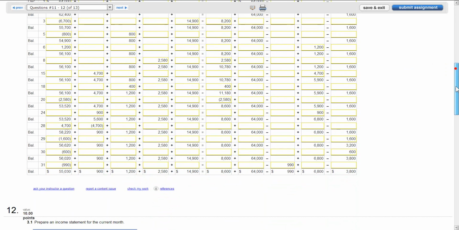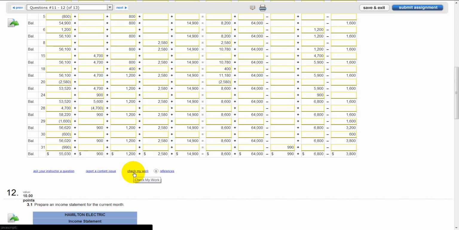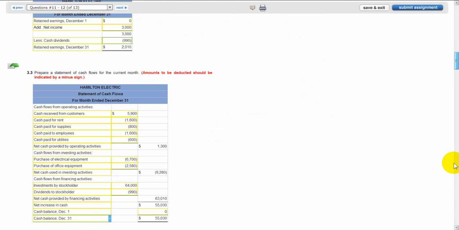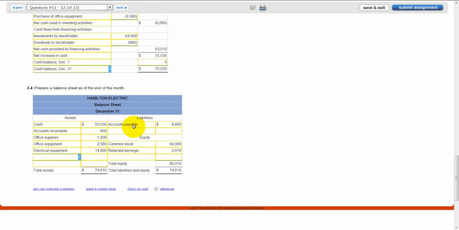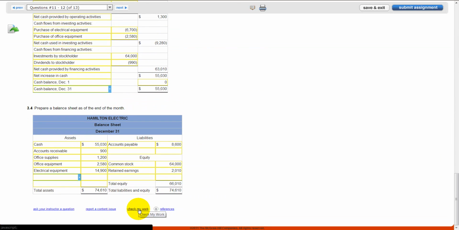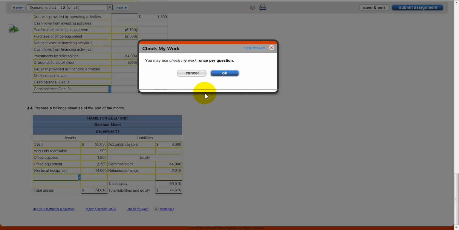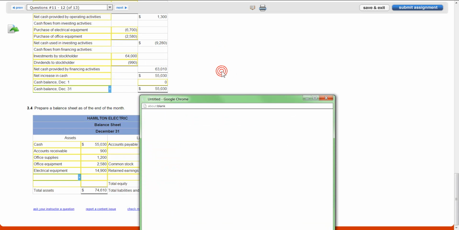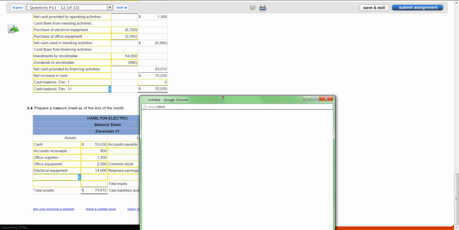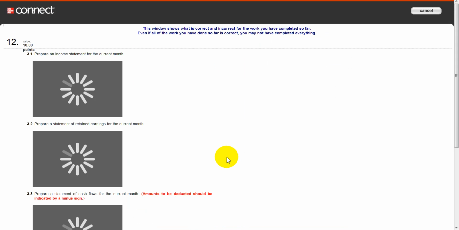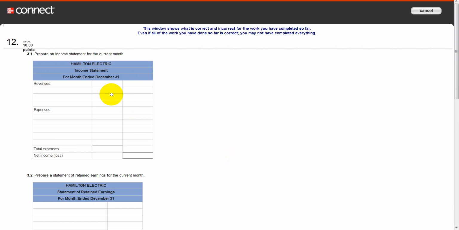Okay, but the moment of truth. I already did the check for the first one, right? So for number 12, I go to the bottom and click on check my work. I have only one chance to do this for number 12. Come on, green check marks.